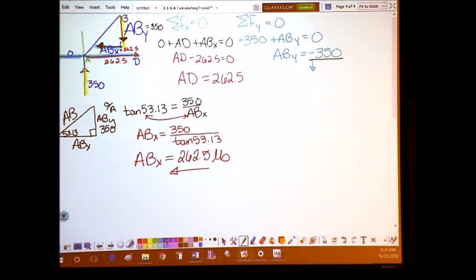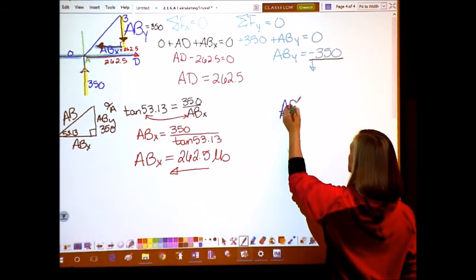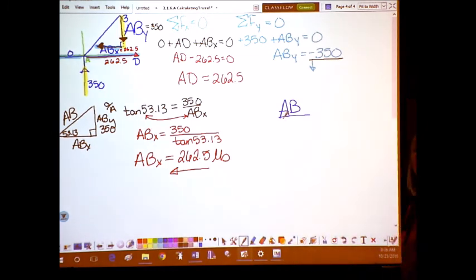We haven't solved for BD. Nope, because B doesn't touch D, at least in this problem. We haven't solved for AB yet, the hypotenuse. We don't know how big AB is.